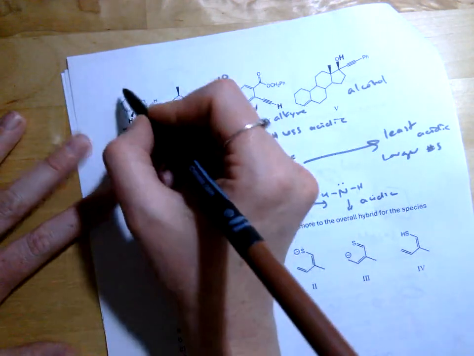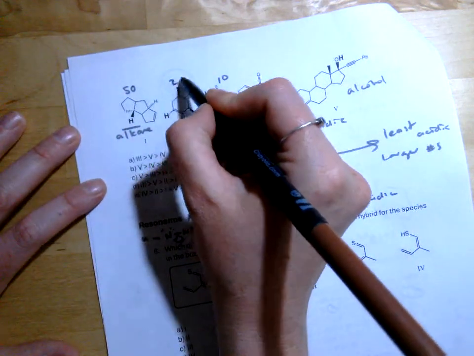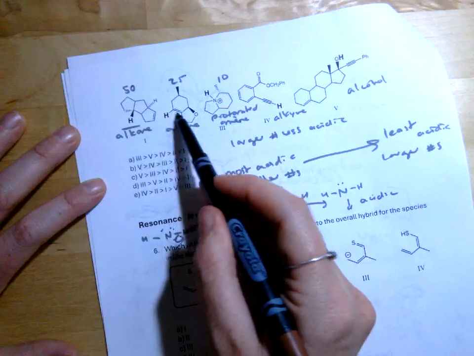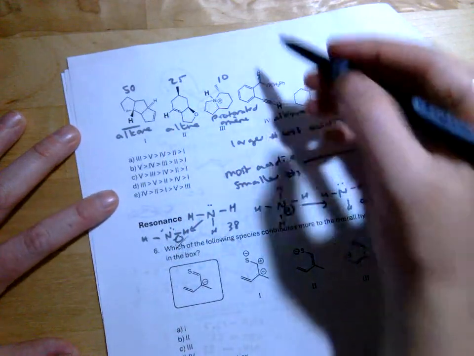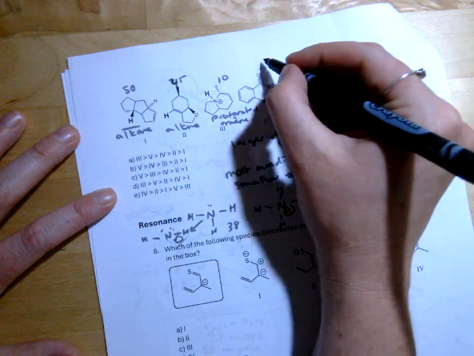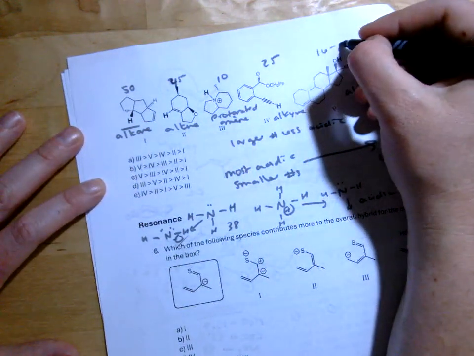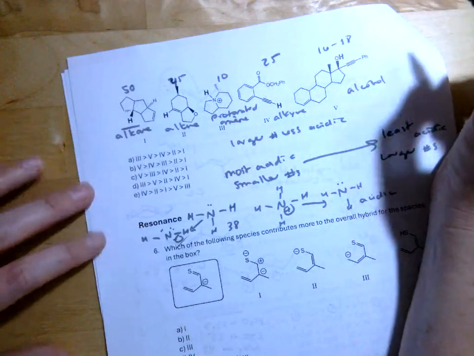Okay, the other ones, nothing too special to note there. We've got 50. Alkene is 45, sorry, for a hydrogen off of a carbon-carbon double bond. Carbon off of a carbon-carbon triple bond is 25, alkyne. And then alcohols are usually in the 16 to 18 range.